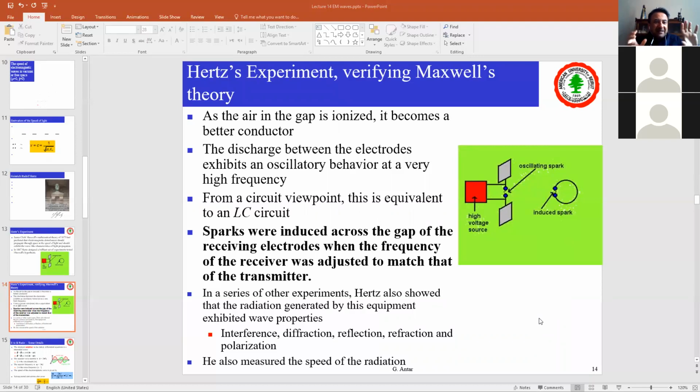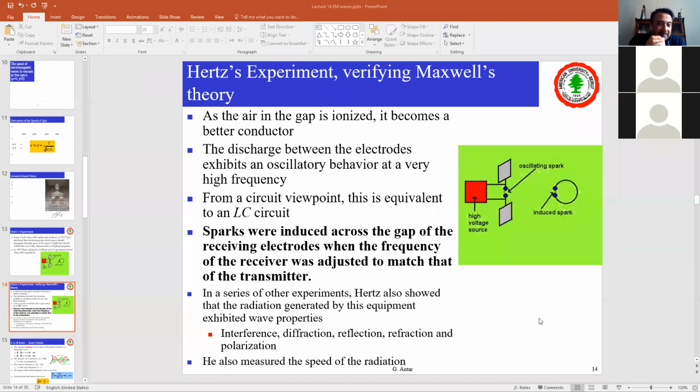So the charge which was on the emitter side is transmitted to being a charge on the receiver side.